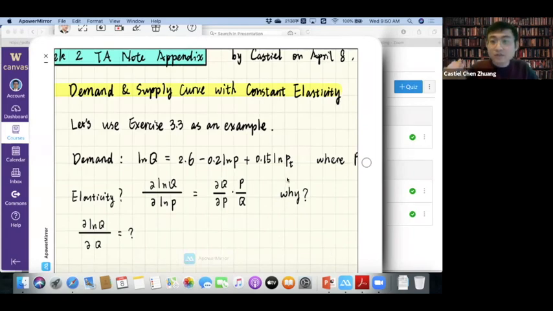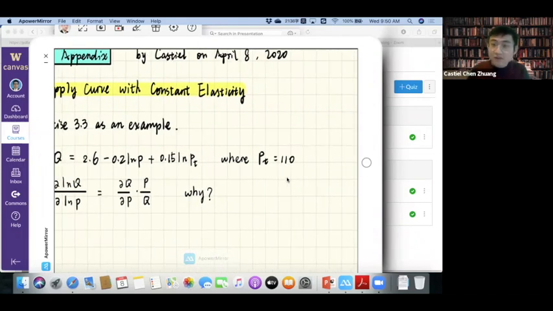We just want to focus on Q and P. Here the price of tomato paste is 110 at that moment. We don't really care about the value, so we can leave it and say it's constant.